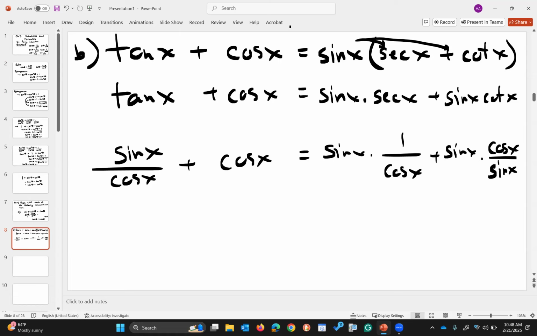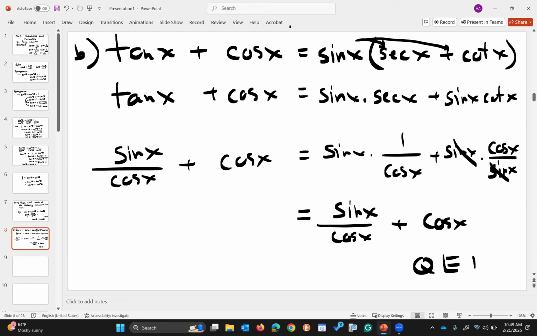Okay, so the left side, that's about as simple as we can get, right? There's some things we have to do on the right side, though. So sine x times cosine x over sine x, the sines cancel. Perfecto. And here the sines cancel, and we're left with cosine. Do we have the same exact thing on both sides? No.